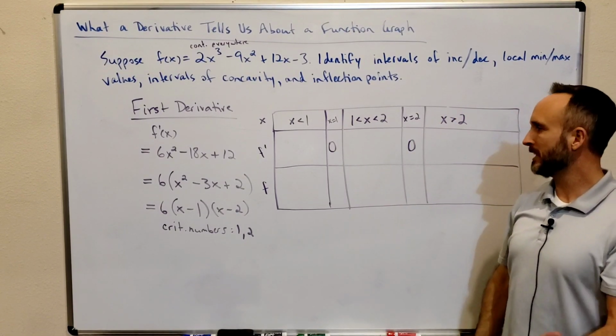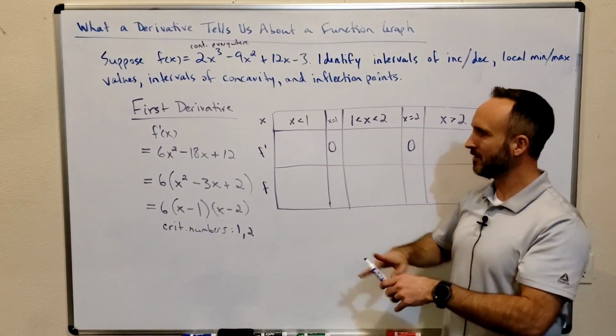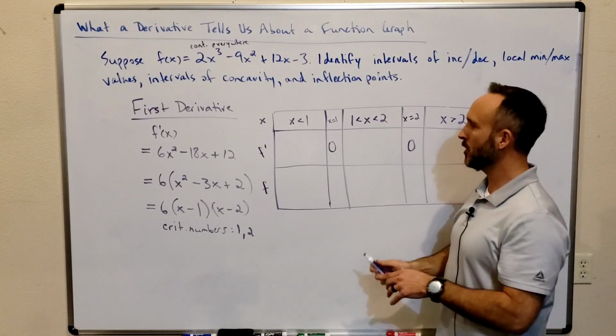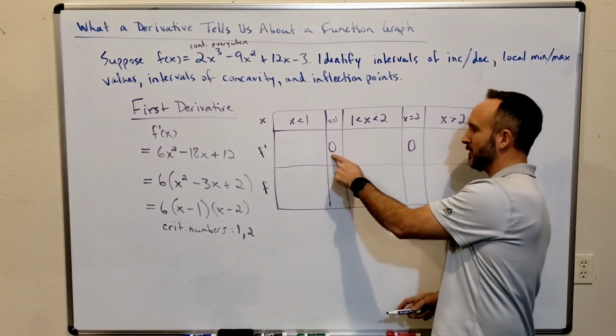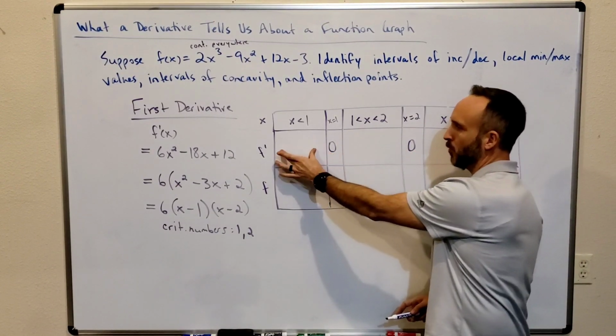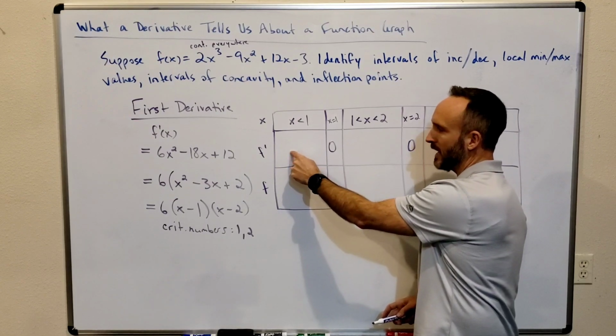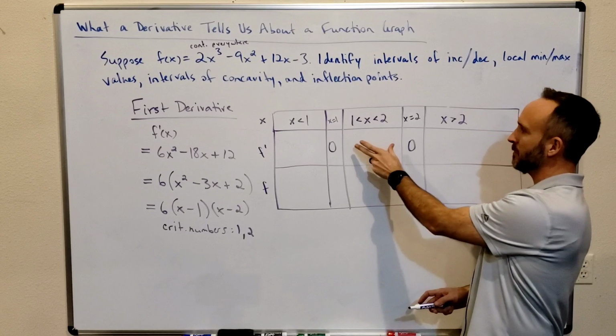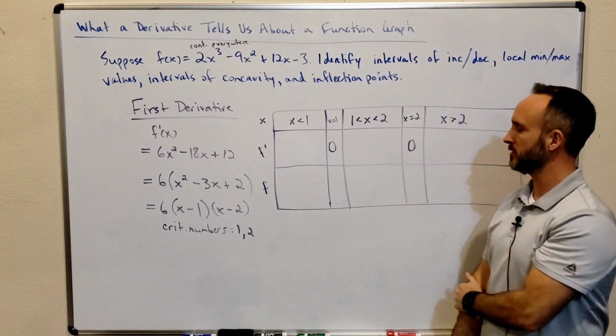Now, because of the intermediate value theorem, and the fact that this polynomial f prime is continuous, we know that these are the only zeros, so before 1, every output of my derivative is going to be positive or negative. Same thing between 1 and 2, and same thing bigger than 2.